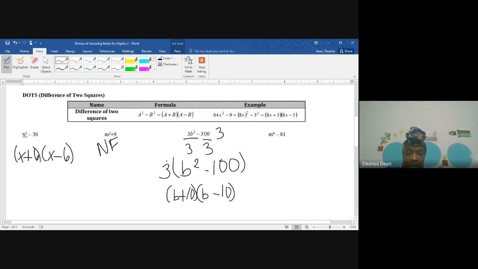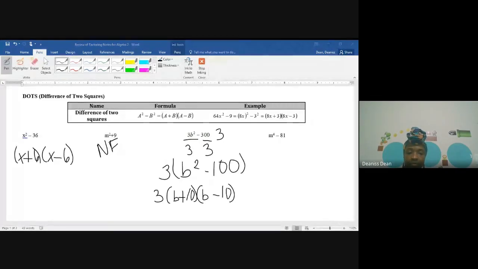And our GCF here was 3. We can't forget it, so I have to put that GCF of 3 in front. Any questions on that one?